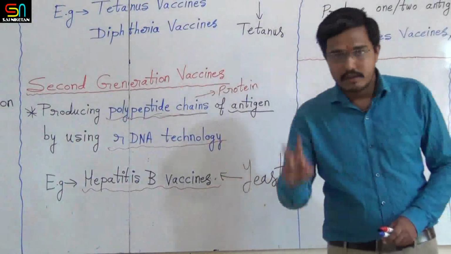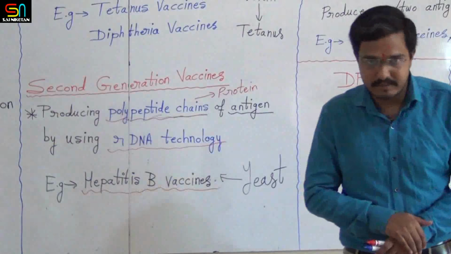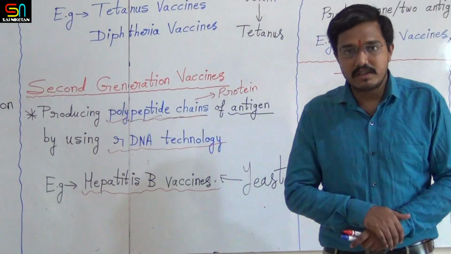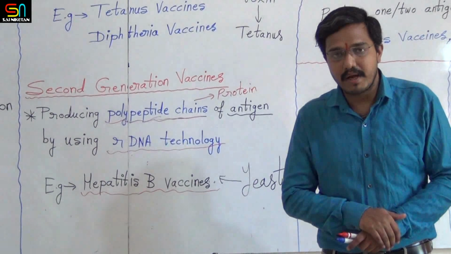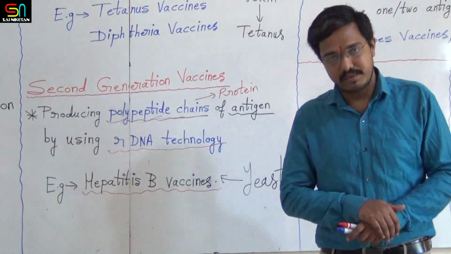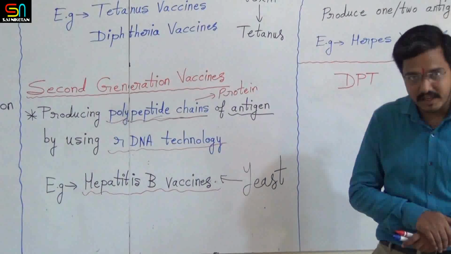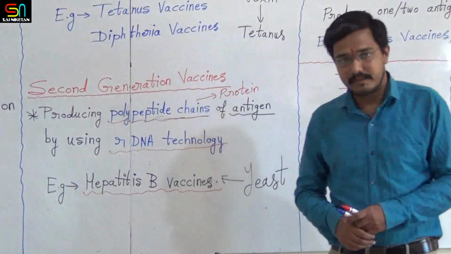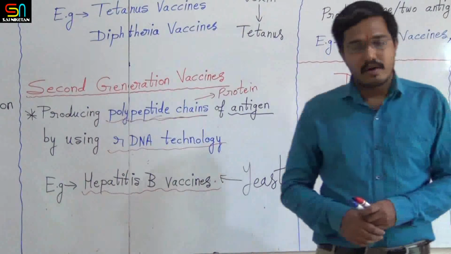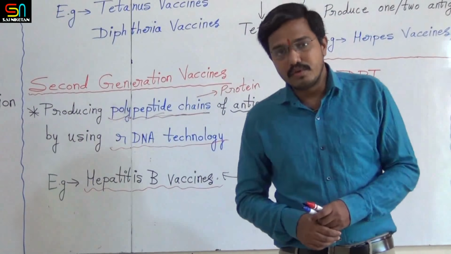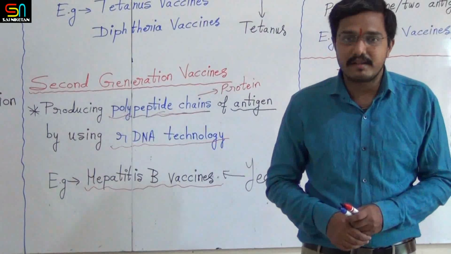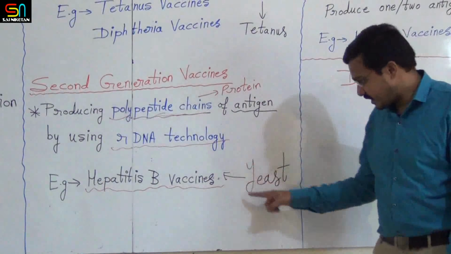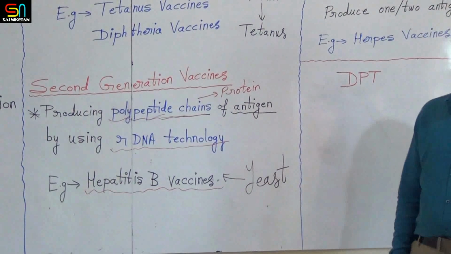Remember, dear student, two questions can be asked here. One: which technology is used in the production of hepatitis B vaccine? The answer is rDNA technology. Second: which organism is used in the production of hepatitis B vaccine? The answer is yeast.